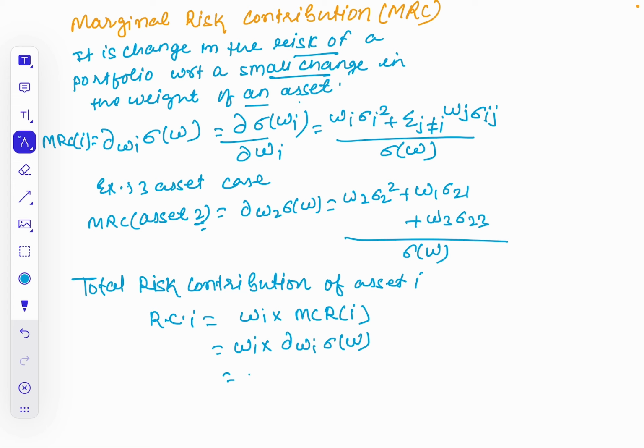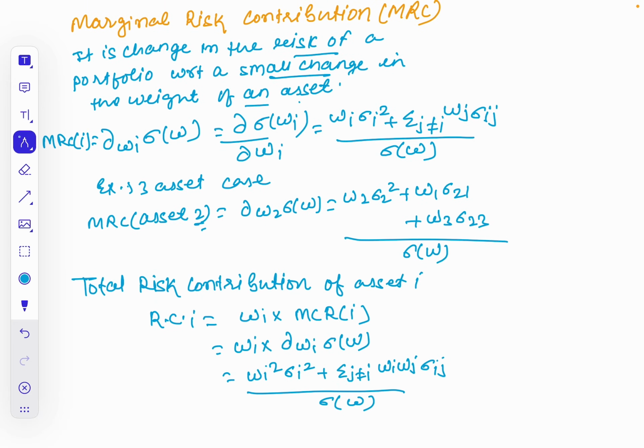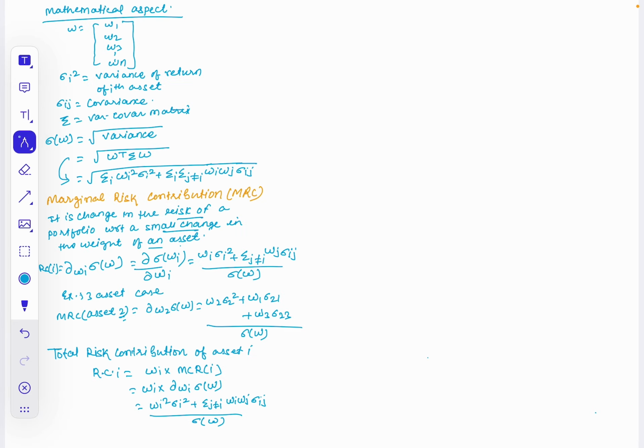It would be Wi square sigma i square, since we are multiplying the MRC with Wi, plus the summation for all j not equal to i of omega j sigma ij, divided by sigma. This is the risk contribution for asset i. Now, what is the total risk?